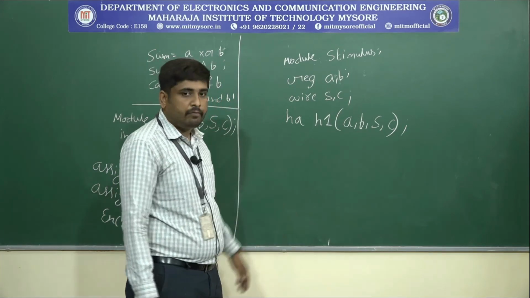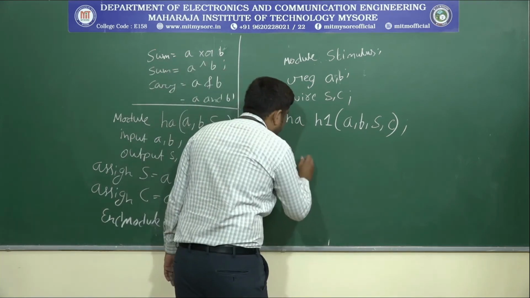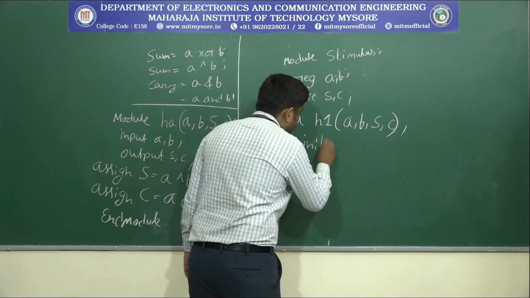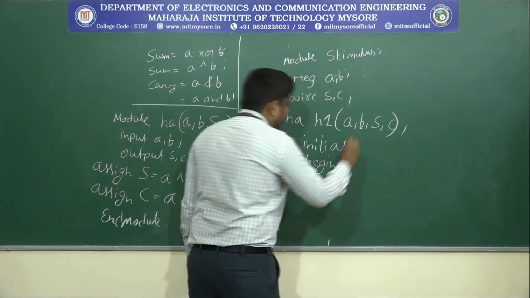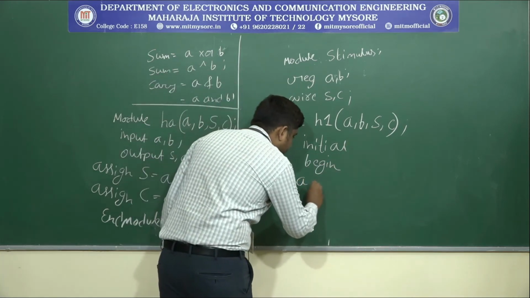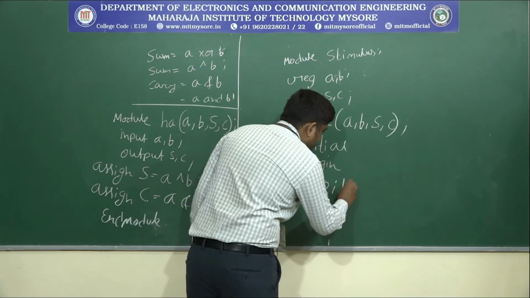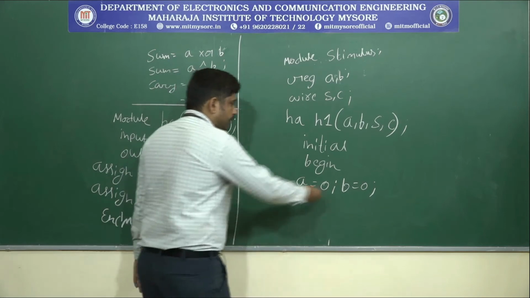So here there are 4 combinations, right? Initial begin, that is very important. Initially A is equal to 0, B is equal to 0. That is the first initialization.